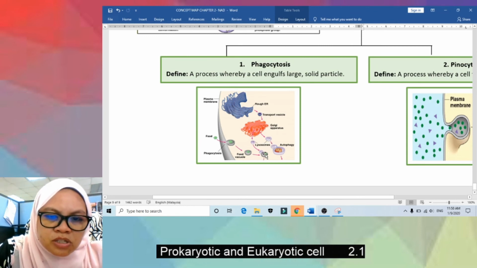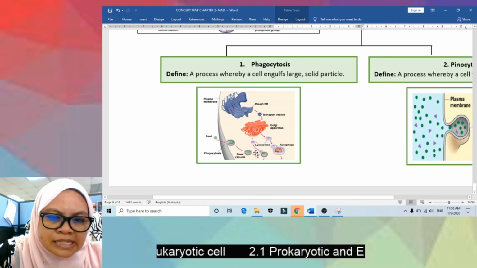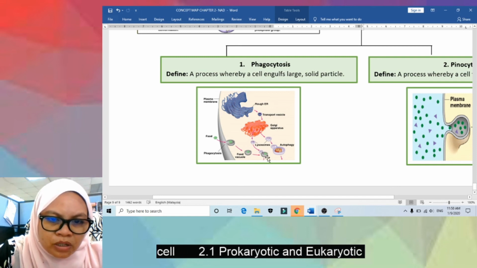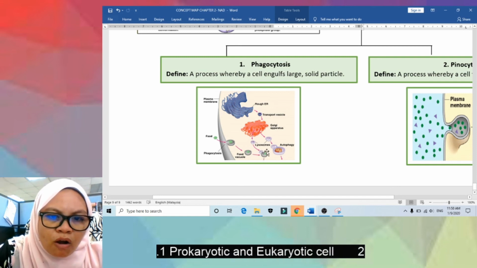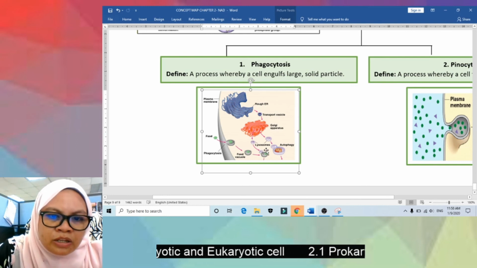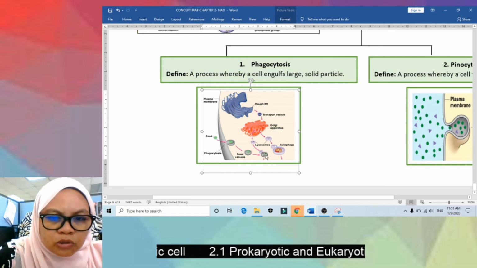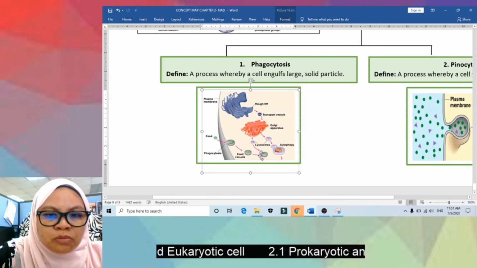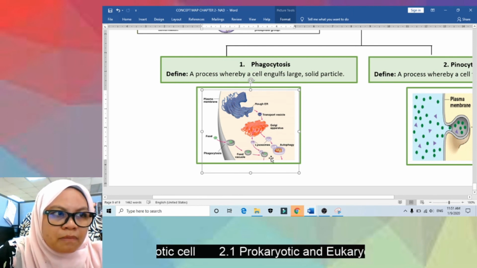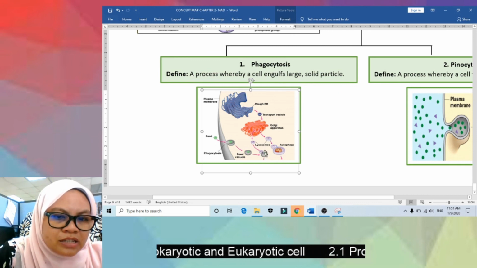The structure from the fusion of the food vacuole and the lysosome we call a secondary lysosome, or in some books, a phagolysosome. During this fusion, it will allow digestion of the food particle. Then the products will be absorbed, the vacuole will disappear, and the leftover content will be secreted out of the cell by exocytosis.